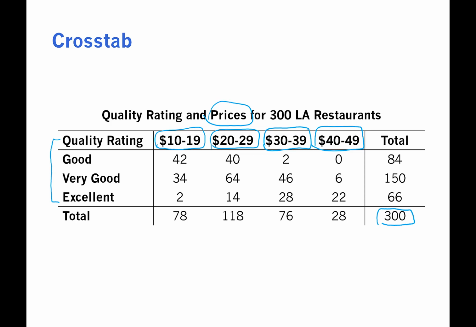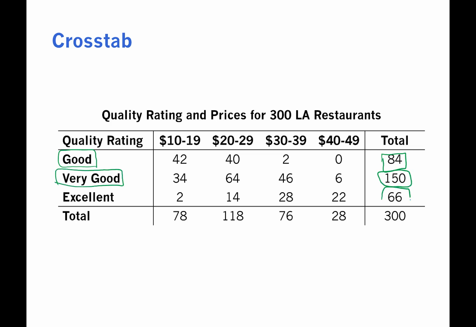So we want to know whether there's a relationship between quality rating and the prices for these 300 restaurants in our sample. So what does this table really tell us? This says, for example, there are 84 restaurants out of 300 in our sample that are rated good. There are 150 that are rated very good.